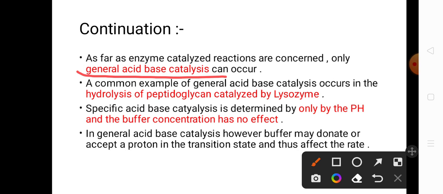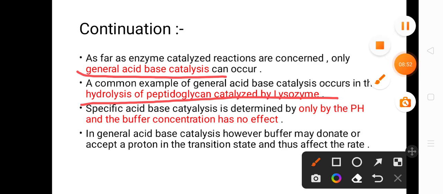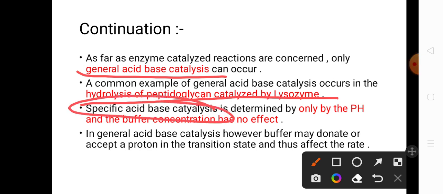An example of acid base catalysis is the hydrolysis of peptidoglycan by lysozyme. Okay, we have also discussed the mechanism of lysozyme, right? So you may also watch that video to understand it. And another important thing, in the case of specific acid base catalysis, it depends only on pH. Here buffer concentration does not create any kind of effect.